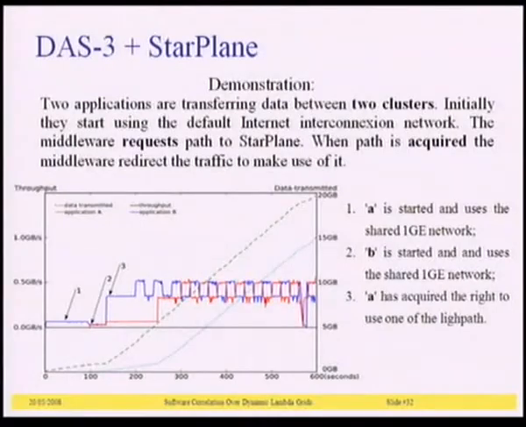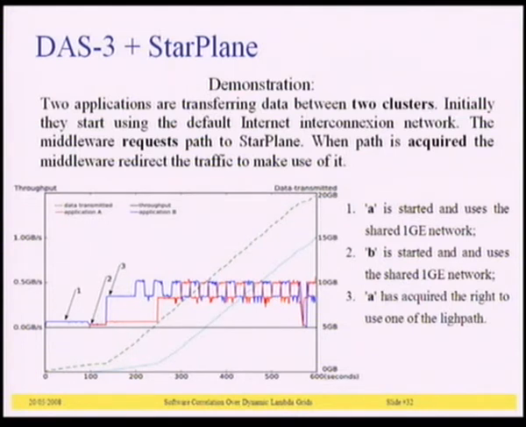So basically here is what we can easily have on DAS3 and Starplane. Here applications A and B are executed. Application A started. We can see it's using the 1 gig network, so it's relatively slow. Here we can see the 2 applications are sharing the same bandwidth.